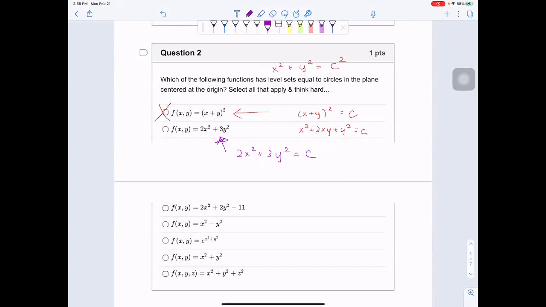So if you divide everything by 6, this is like a hyperboloid or some paraboloid, some other shape, not a circle. You can keep testing the other ones and see which one gives you a circle.